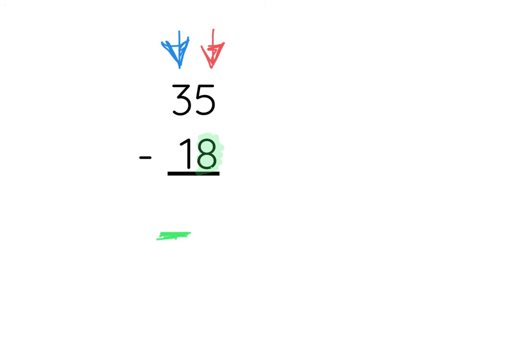So now I can start my problem and say 30 subtract 10 is a 20. That came from my tens column. Now I will subtract 5 minus 8, which the 8 is larger, so it's going to give me a negative 3.